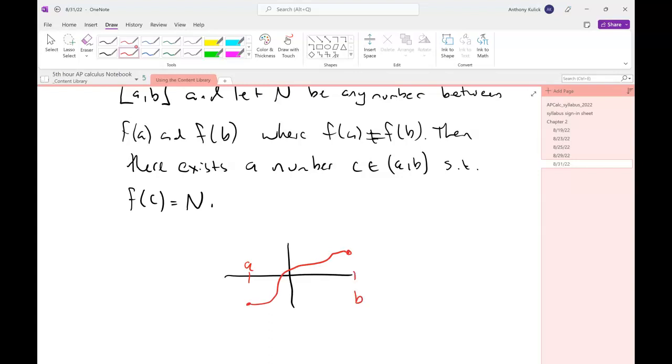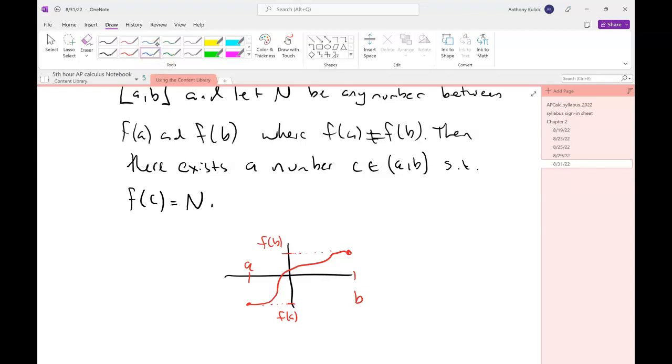I've drawn a continuous function here. This value over here should be f of b, and this value down here should be f of a. Everybody agree with that?